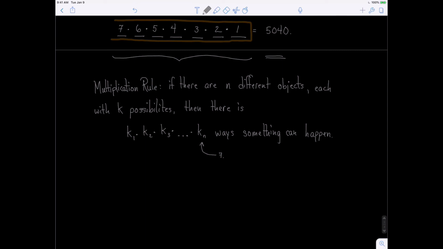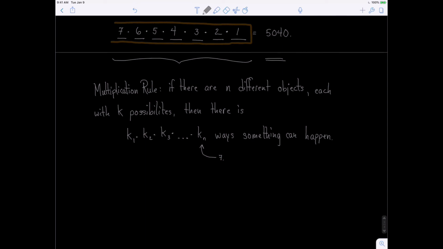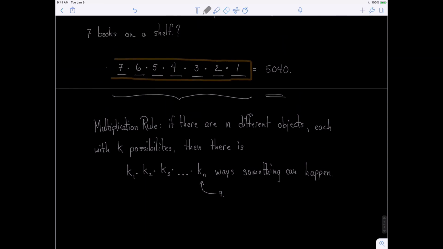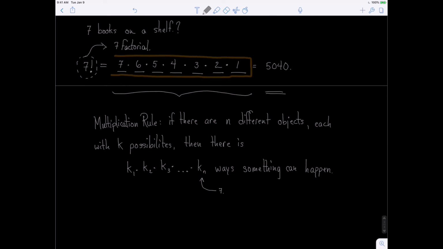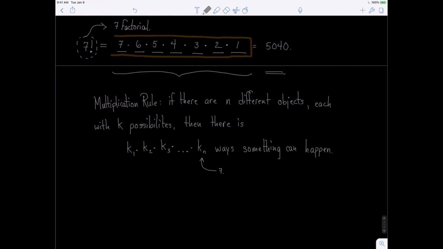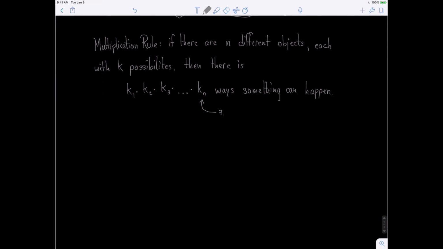Actually, this pattern is used quite regularly in counting, and we say it's the same as 7 followed by an exclamation mark. And we read that as 7 factorial. It always starts that way, where it begins with the first number and then it stops at 1. And you can do this on your calculator as well.